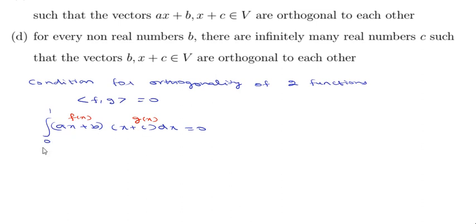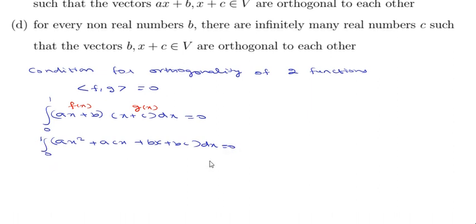Before integrating, we expand ax plus b times x plus c. The first term is ax square plus acx plus bx plus bc, times dx, integral 0 to 1 equal to 0.